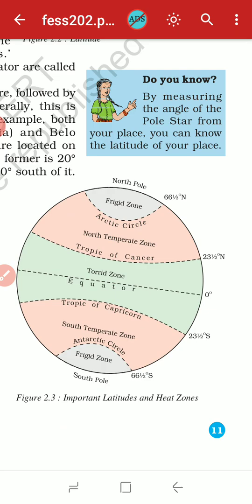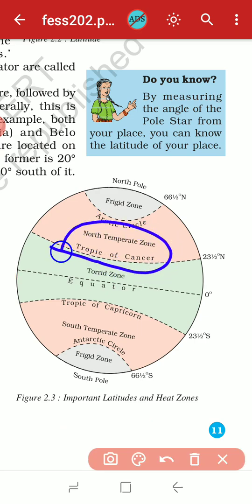The Tropic of Cancer is 23 and a half degrees north. It lies in the northern hemisphere, across India. You can see here the Tropic of Cancer at 23.5 degrees north, above the equator.